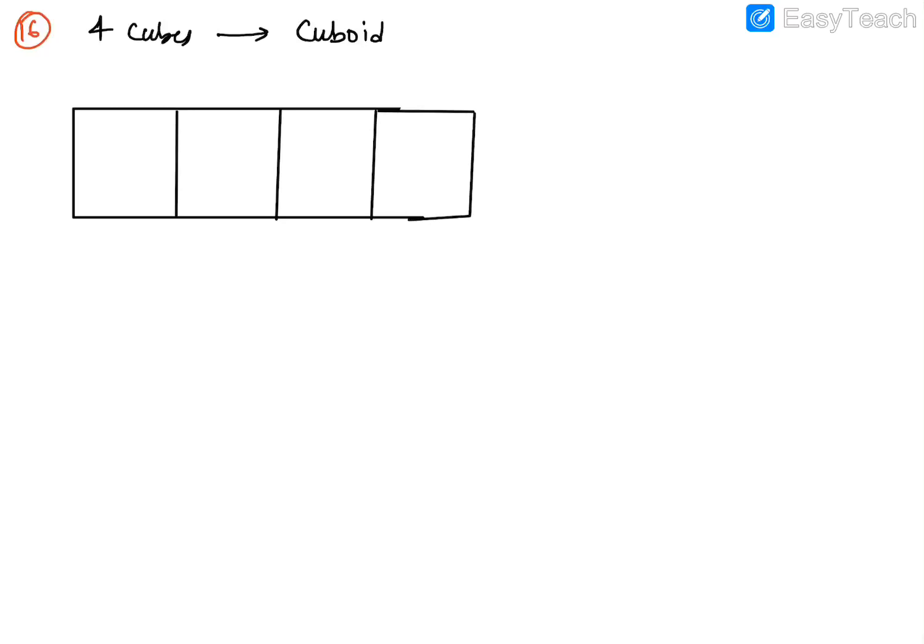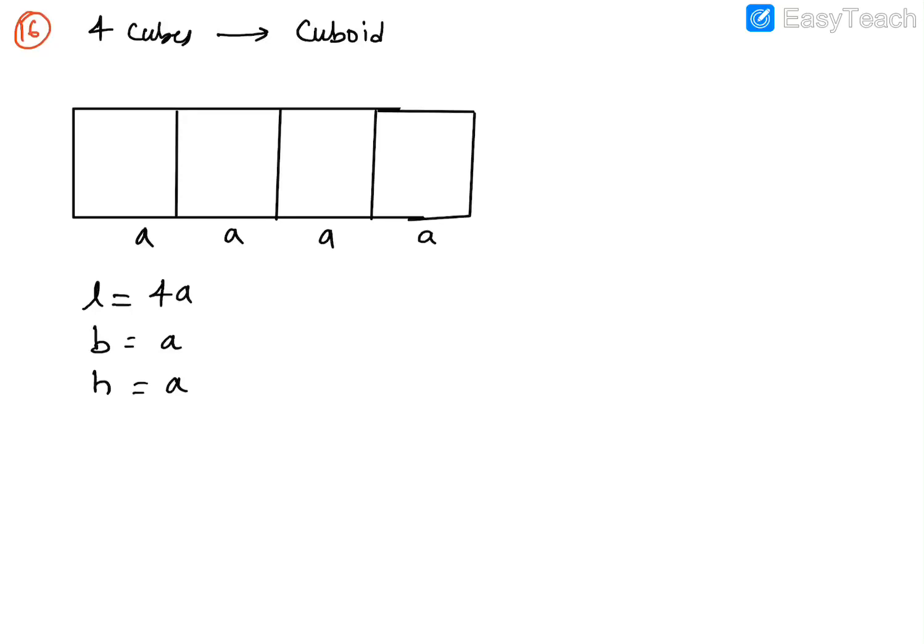Okay, so these are the 4 parts. Now let these cubes be A, and A. Correct? So what will be the length of this? It will become 4A, but your breadth will remain A, your height will also remain A only.